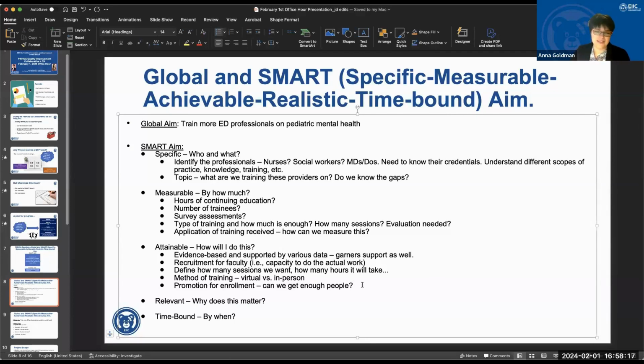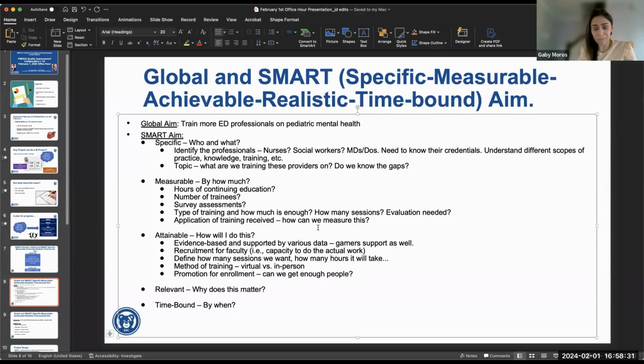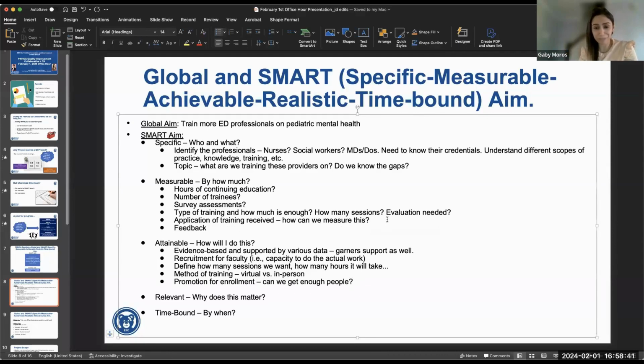Yeah, important things. All right, I think we got enough for attainable, yeah? Or do we need more? I'm thinking on faculty evaluation as well. Having some feedback from the participants and seeing how we're doing, if we need to adjust or we're doing just fine.